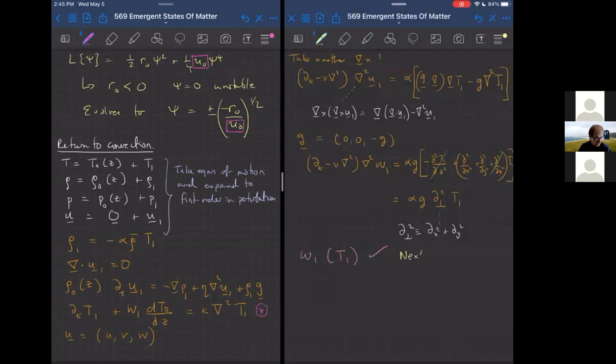Next, we want to eliminate T1 and get an equation just involving W. The way that we're going to do that is we're going to take this equation and operate on this with the diffusion operator.